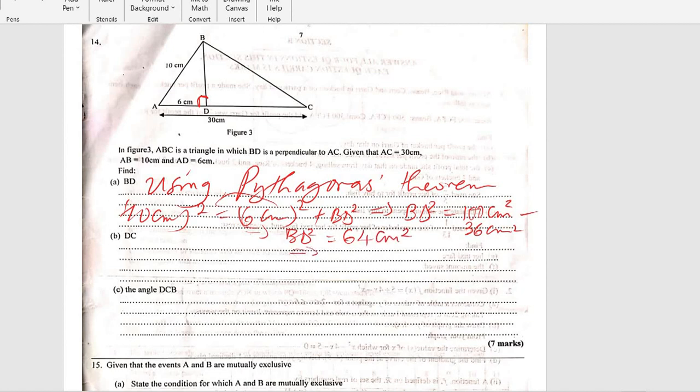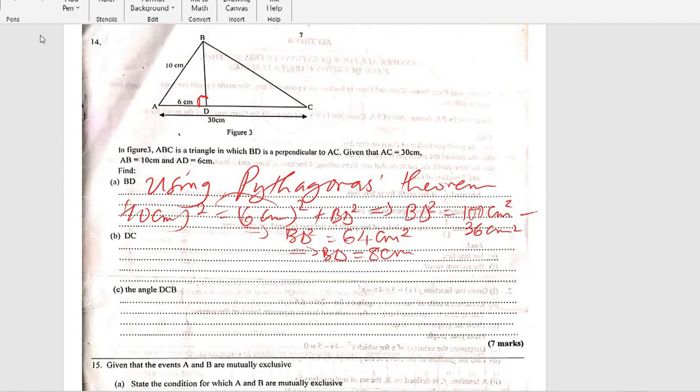And if BD squared is 64, BD is the square root of 64, which gives us 8 centimeters. Sorry that I'm entering into this other part. It's just that I want it to be clear, and I'm also writing a very big character to make it visible.